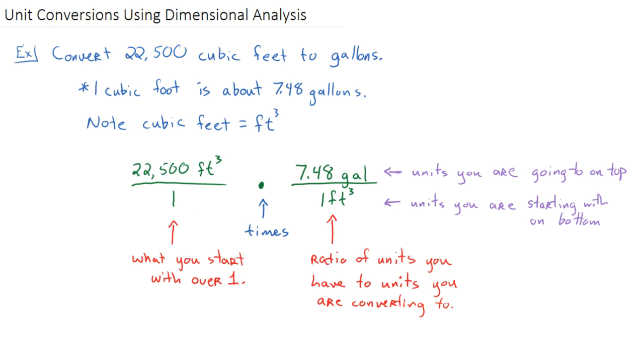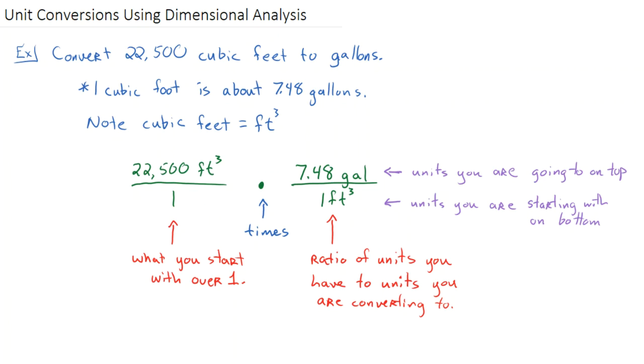Going over all that again, the first fraction is what you're starting with over 1, and then we multiply that times your unit conversion factor, where we put the units we're going to, and the number associated with that, on top, and the units we're starting with on bottom. Now that we have all that, I'm going to clear out all of my writing so we can actually work the problem.